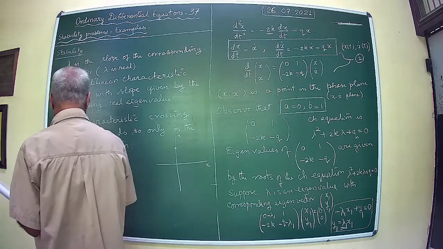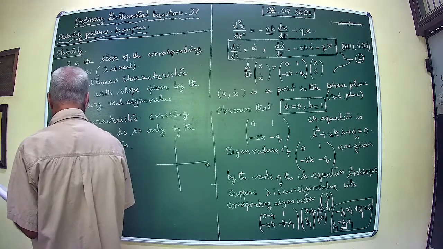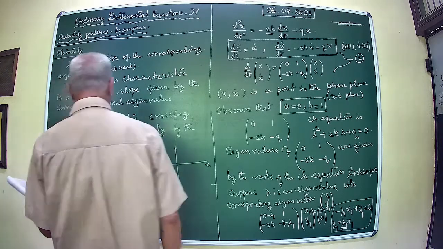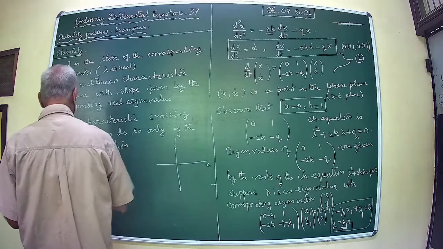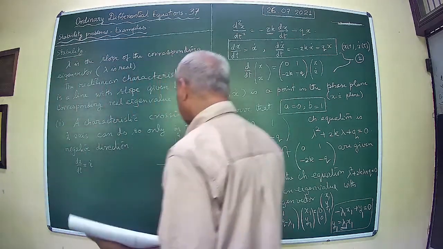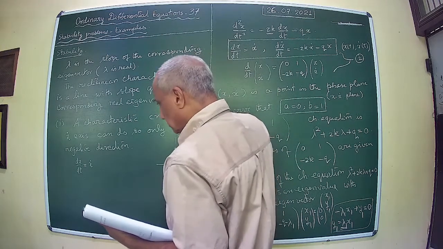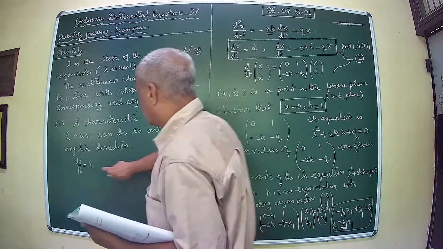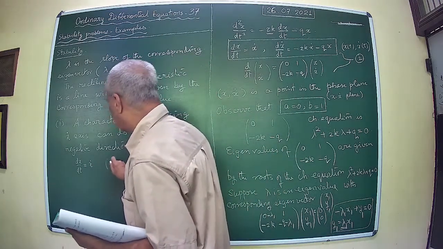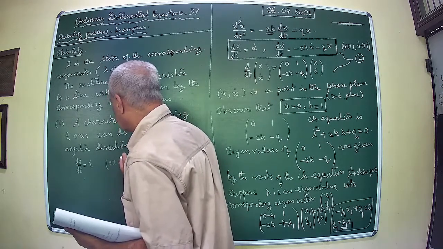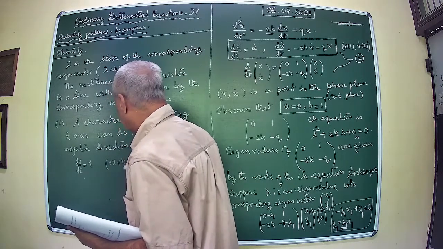You have dx by dt, that is the first equation. This is equal to x dot. So if x dot has a positive value, you compare with this ax plus by, by is x dot.